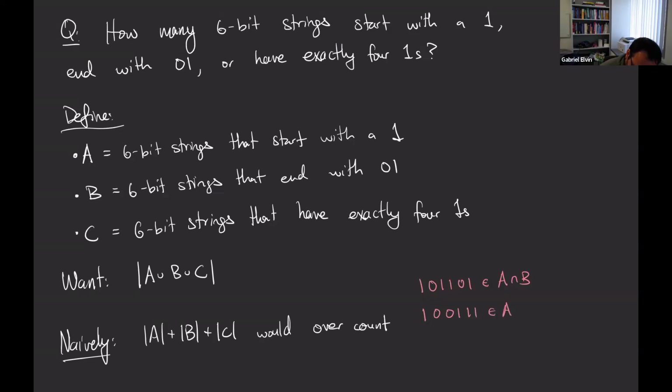This would be in A and C. That's an element of A and C because it starts with a 1, so it's in A, and it has exactly 4 ones, so it's in C. And so it's in both of the sets. That would also be overcounted. And then another one, something that's in B and C. So a six-bit string that ends with a 0, 1 and has 4 ones.